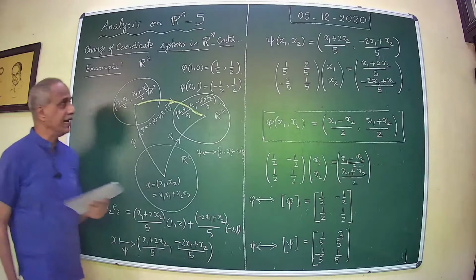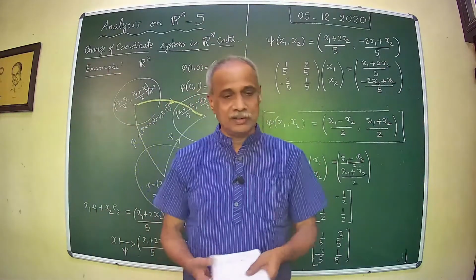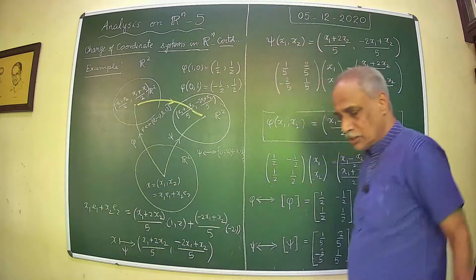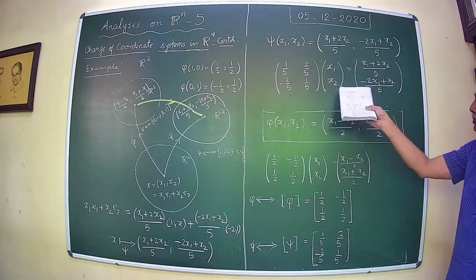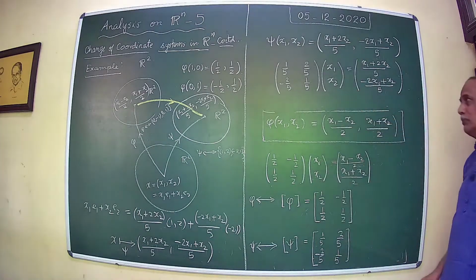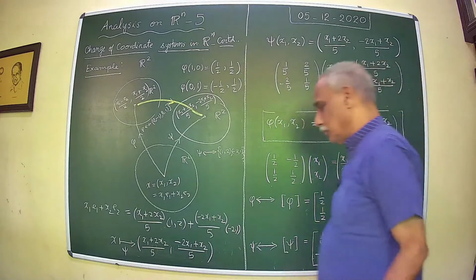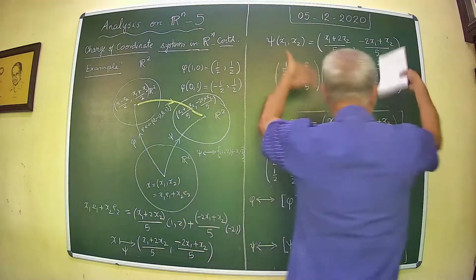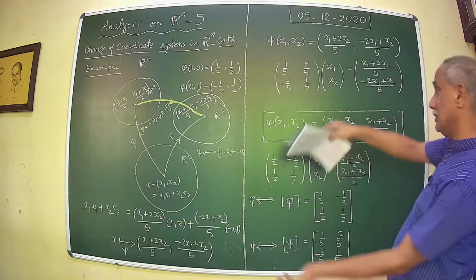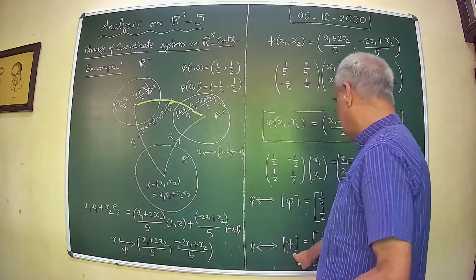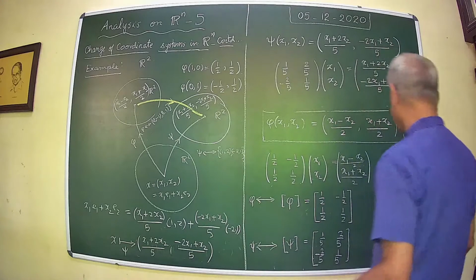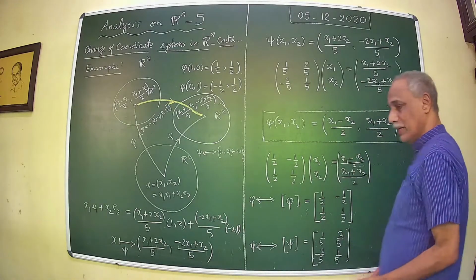And the matrix multiplication, if you take x1, x2 as a column vector in R2, can be thought of as multiplying x1, x2 from the left by the 2 by 2 matrix, so that you get a column vector. So this is the transformation. Therefore, psi corresponds to the transformation.